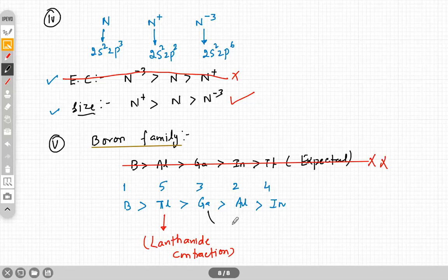In gallium, we have transition contraction. So 1, 5, 3, 2, 4, you must remember for boron family, group 13. Did you copy this?